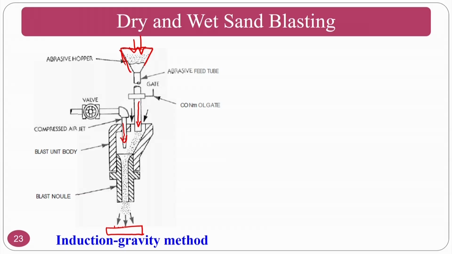It will be blasted, so that you can get a good surface finish, or if I want to remove unwanted layers like rust layers, you can remove them. But in case of rust layer removal and other things, you have to use the nozzle at a certain angle. Those also we will see in the upcoming slides.